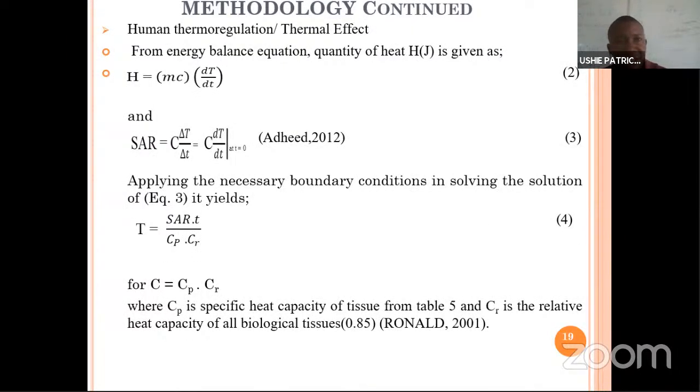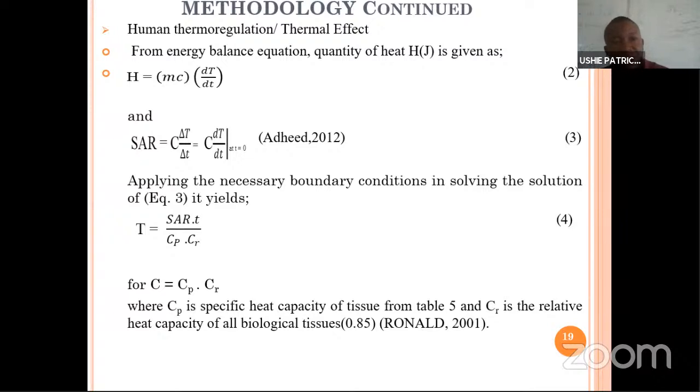Our interest is in the human thermoregulatory system, the temperature gradient of the human system, because the human system is divided into layers. The commission looks at those effects holistically, the body system, how it reacts to it. But we discovered that layers of the body system react to this radiation differently because of their mass, their density, their specific heat capacity.